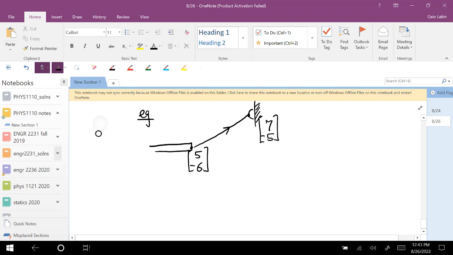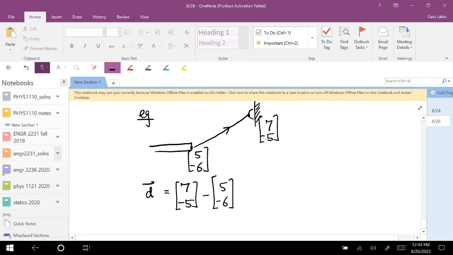Well, you can first calculate a vector that goes from 5, -6 to 7, -5. So in which order do I subtract these to get a vector from 5, -6 to 7, -5? Yep, so it's 7, -5 minus 5, -6. And so a vector pointing from that left point to the right point is 2, 1.